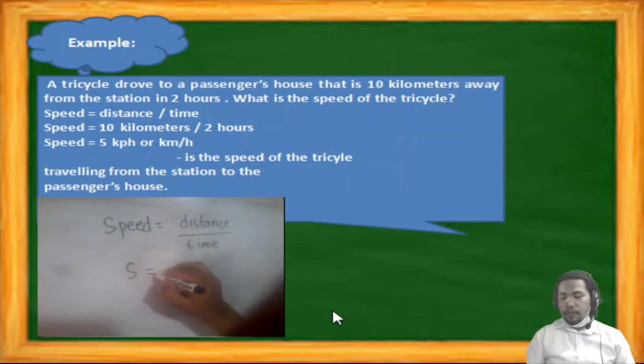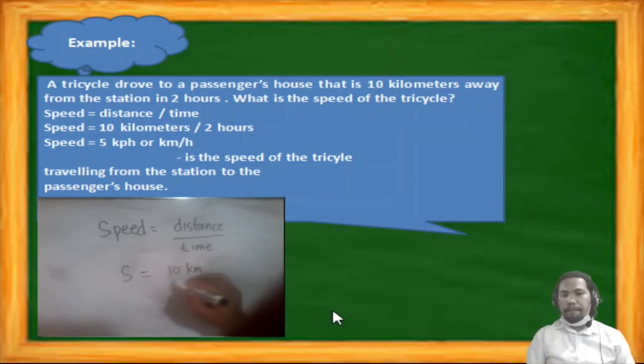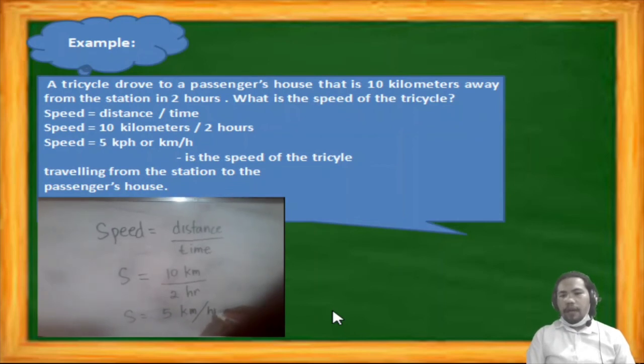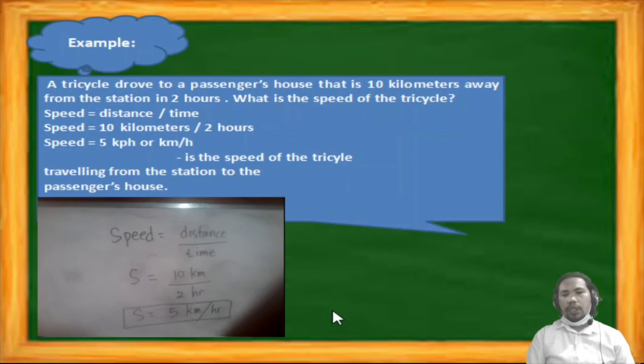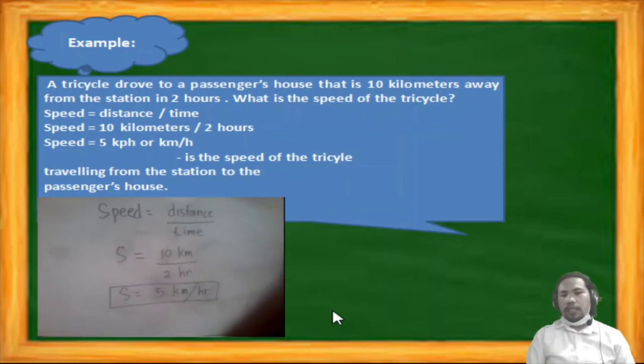Speed is equal to 10 kilometers over 2 hours. So we are going to divide 10 by 2. So speed now is equal to 5 kilometers per hour. So this is the speed of the tricycle traveling from the station to the passenger's house.